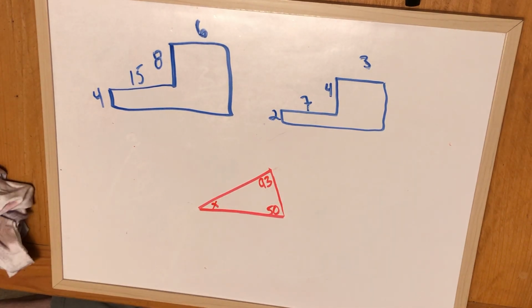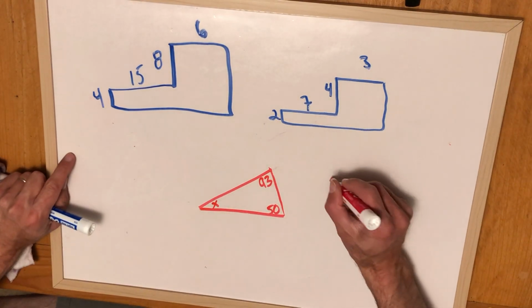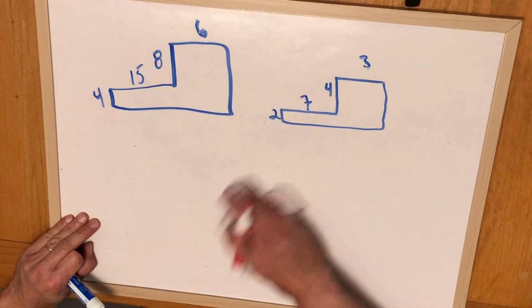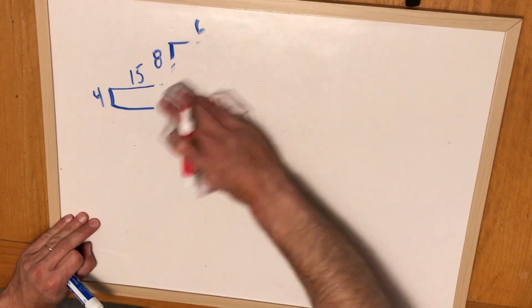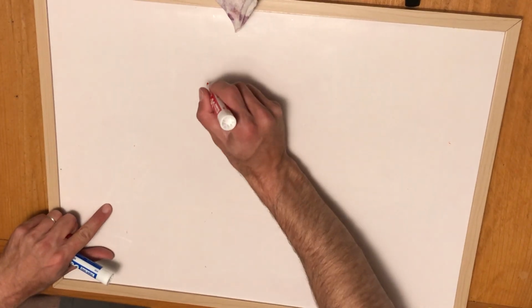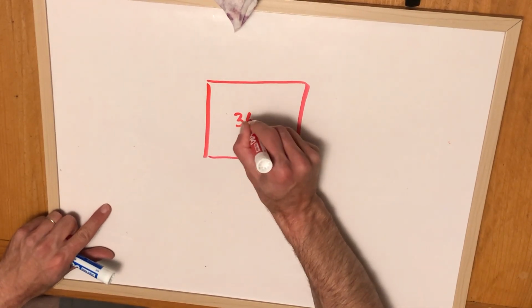Okay, for number 13, it tells you the area of this is 3,600.